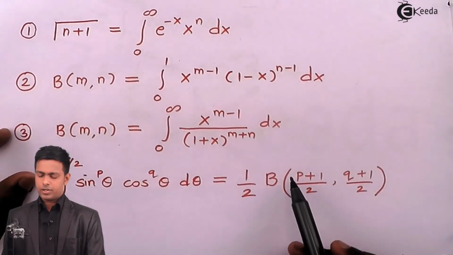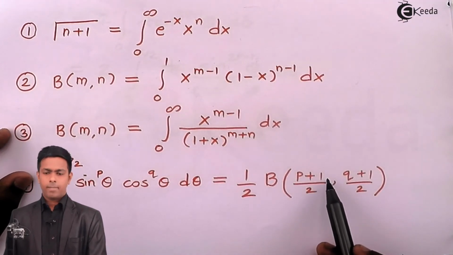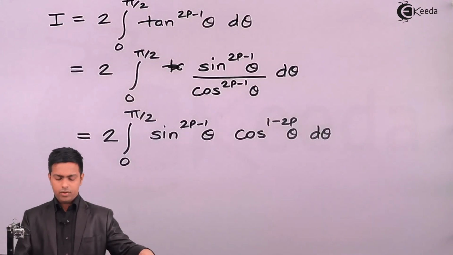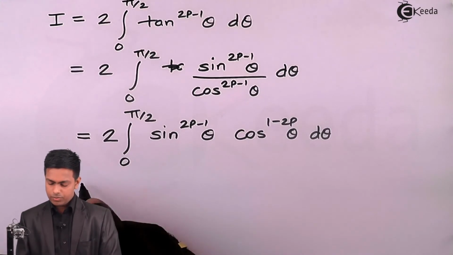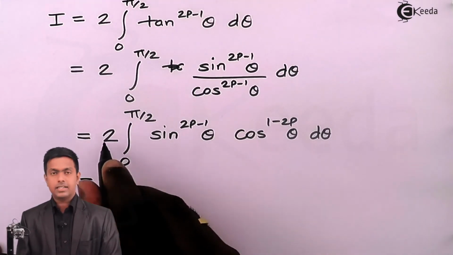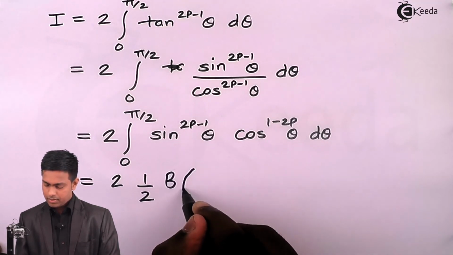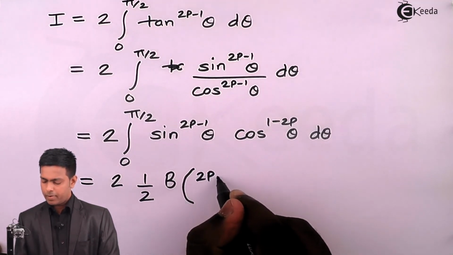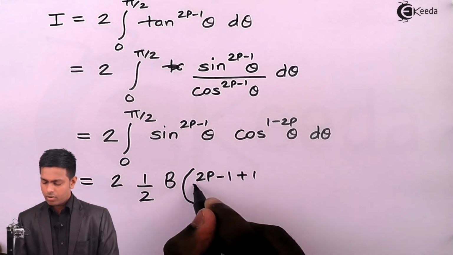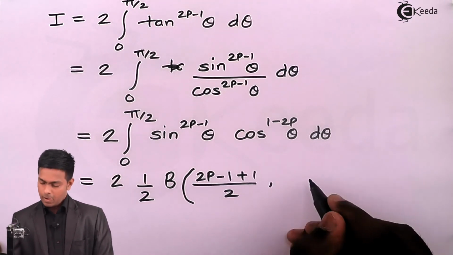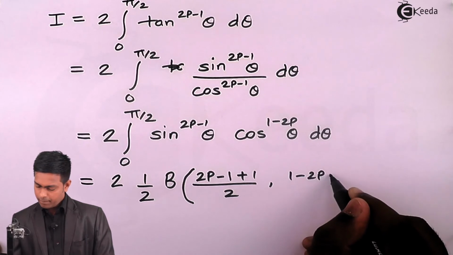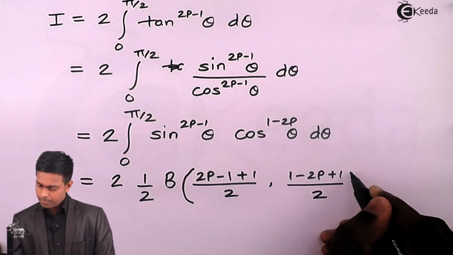So I'll write it as 2 as it is, and 1 by 2 beta of 2p minus 1 plus 1 upon 2 comma 1 minus 2p plus 1 upon 2.